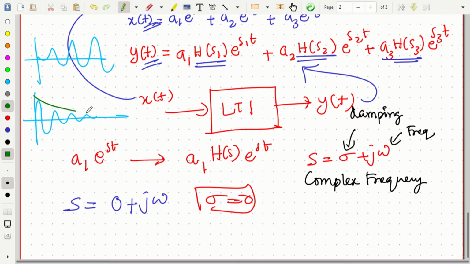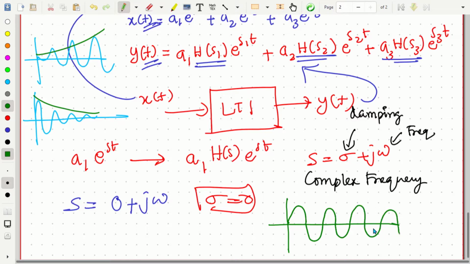Decaying signals, sinusoidally decaying or sinusoidally growing signals, we are not considering. We are considering only the sinusoidal signal. When sigma is equal to 0, what happened to the signal? The signal will be a sinusoidal signal, a sinusoidally rotating signal, right? So we are changing our concentration only to such signals.